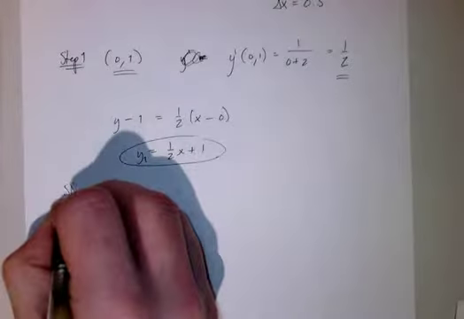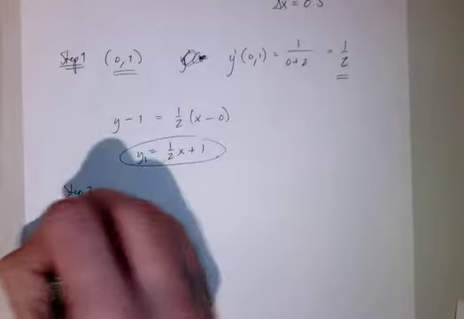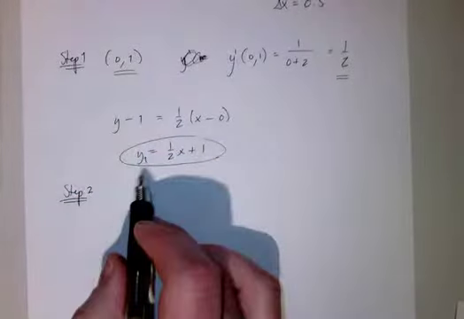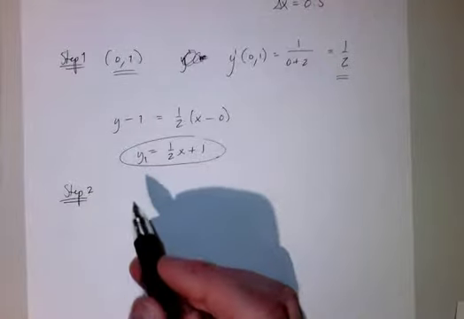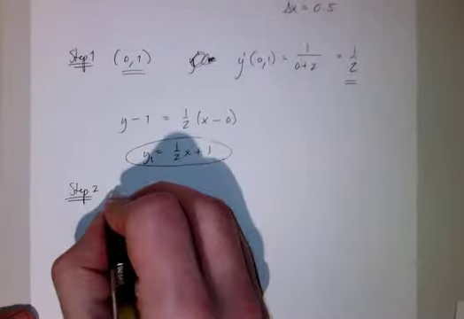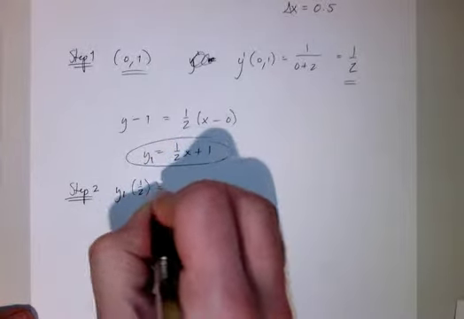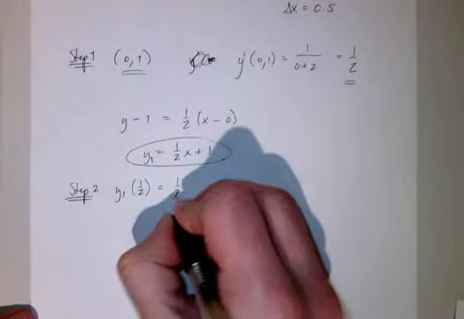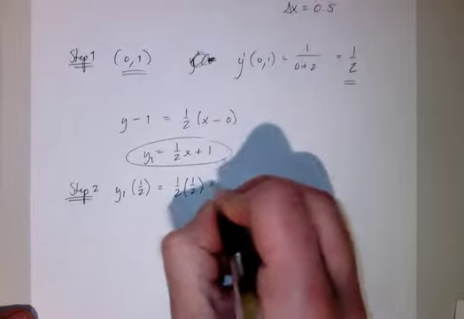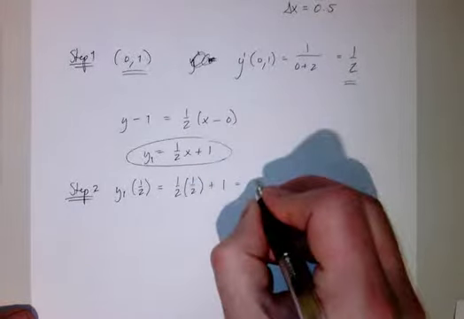In step 2, I need to find the ordered pair after the first step. So I need to evaluate that tangent line after the first step, and that's going to be 1/4 plus 1, or 5/4.